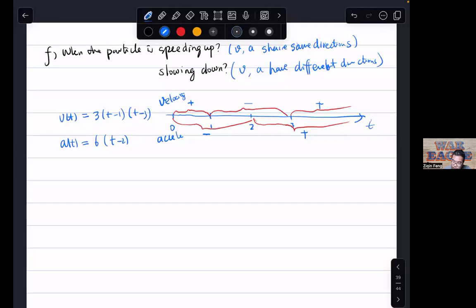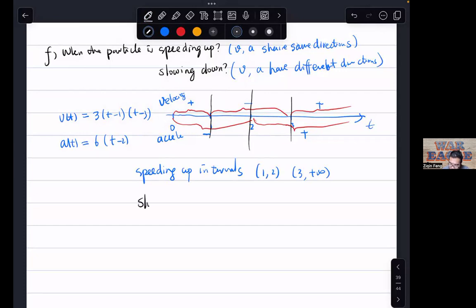So the speeding up intervals include 1 to 2 and from 3 to infinity, right? Because look at the division here, from 1 to 2, both negative. From 3 to infinity, both positive.